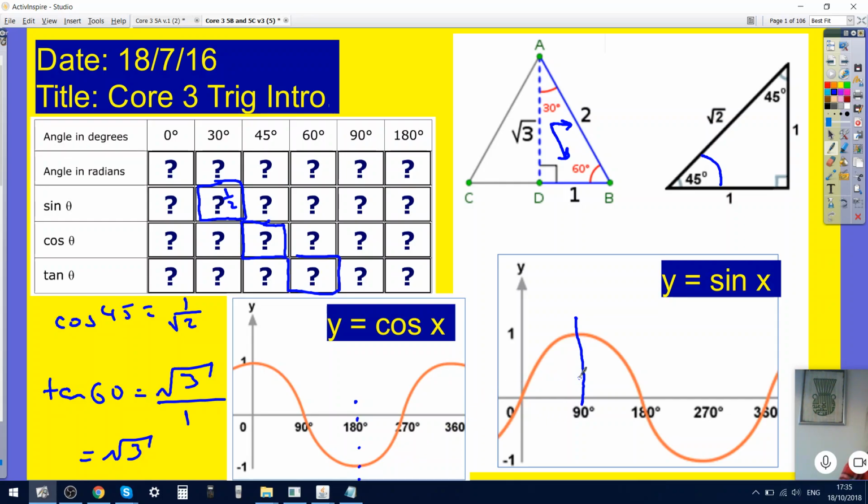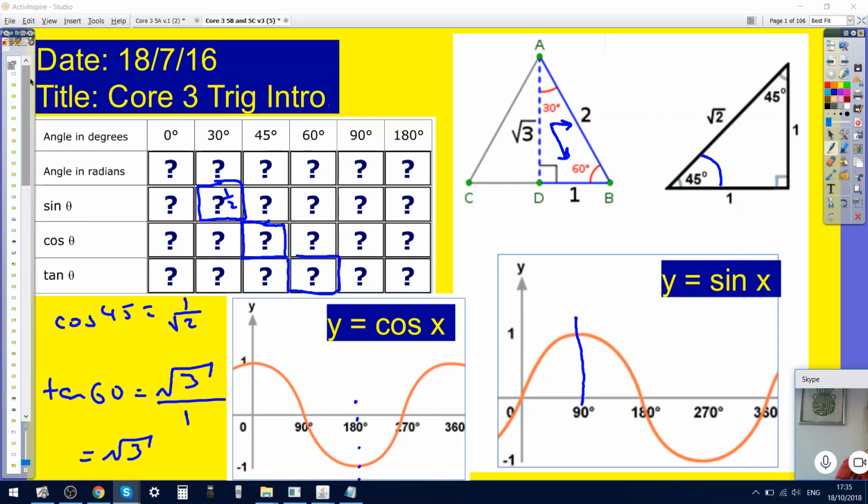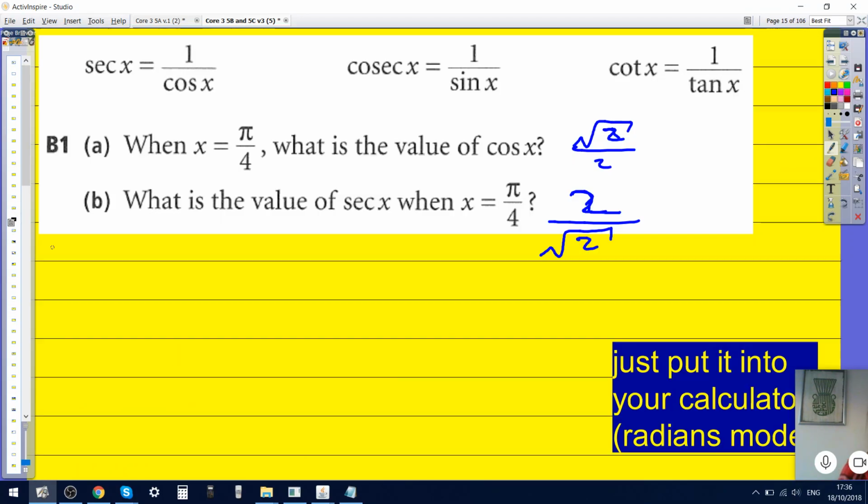Sine x is positive between 0 and 180, negative between 180 and 360. Cos x is positive between 0 and 90 and 270 and 360. It's negative between 90 and 270. And with the tan x graph, you could see where that's positive and negative as well.